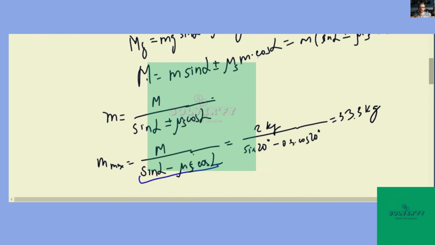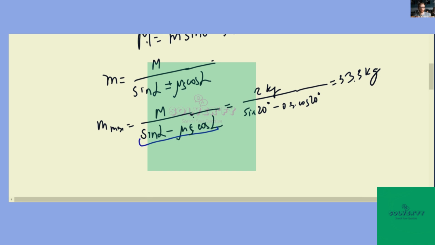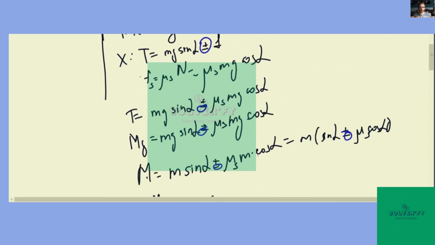So basically, let's analyze this result. Here we are taking the sign to be negative, so we pick the negative sign here, here, here, and here.